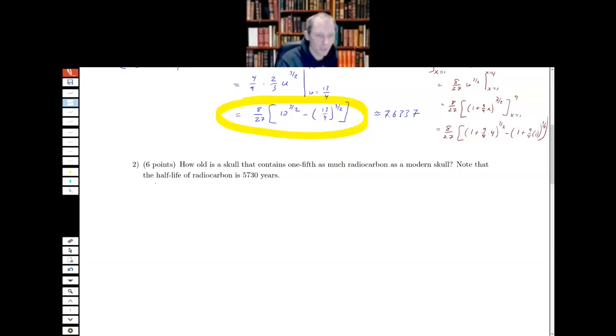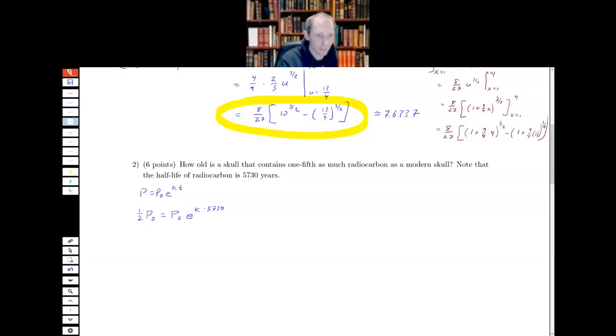So what we do is we say, okay, if I use my formula for exponential growth and decay, if I want half-life, what that means is that at some point in time, which is 5,730 years later, I'm going to have half as much as what I started with. So I'm going to have half as much of my initial value when I plug in t is 5,730.